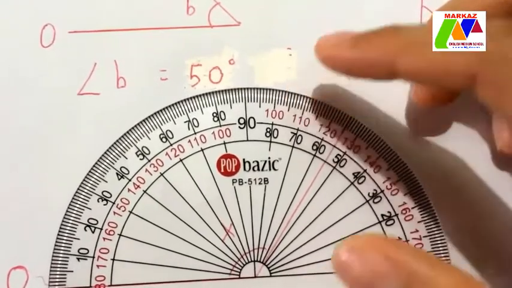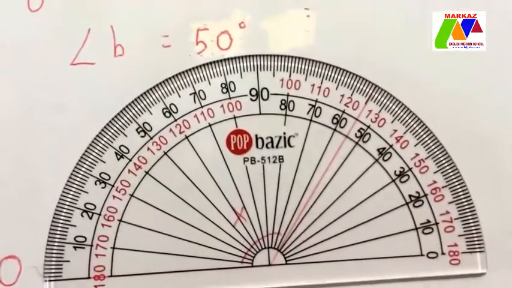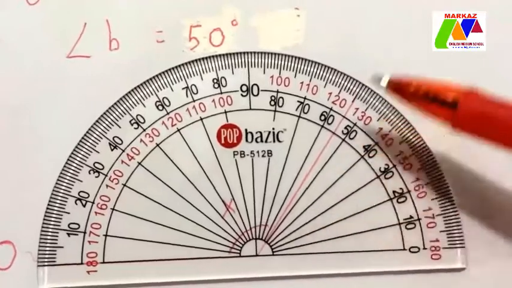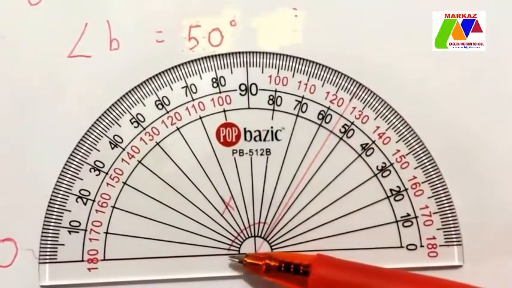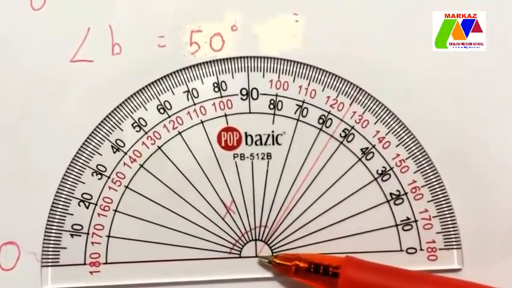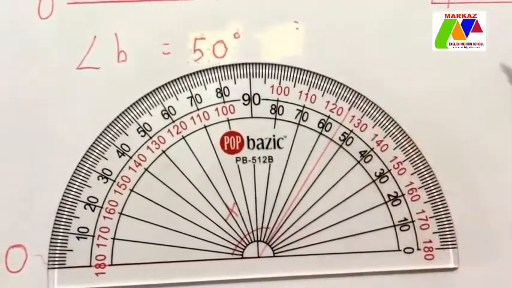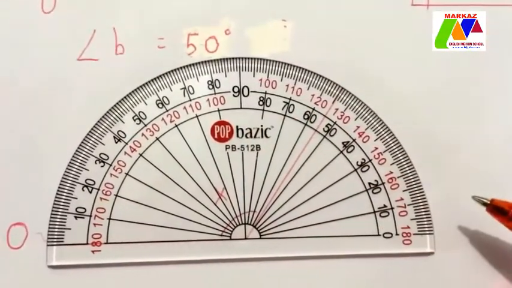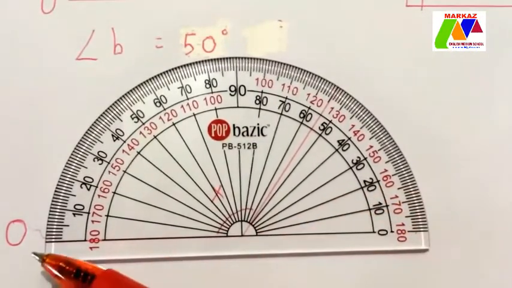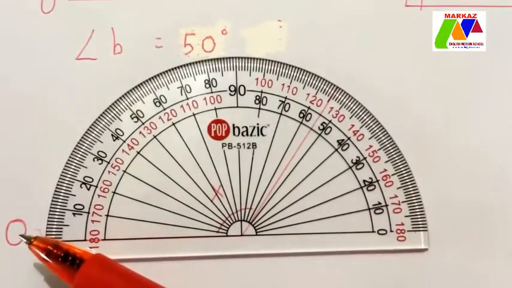Okay. Count from left or right. From left, because 0 is here.